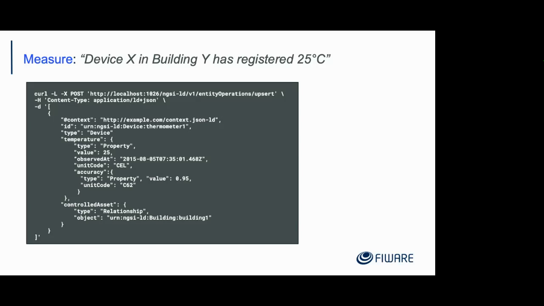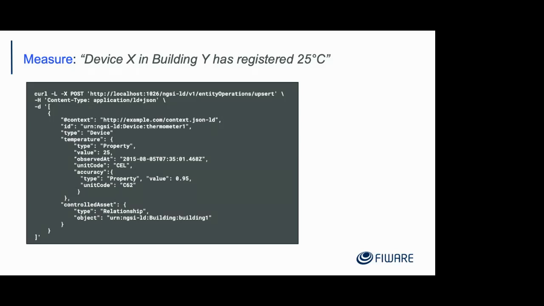In this case, I'm having an accuracy of 0.95. Unit code C62 is one of your standard UN/CEFACT codes. It means unitless. It means 0 to 1 basically. So we're saying that the accuracy of that reading is 95%.